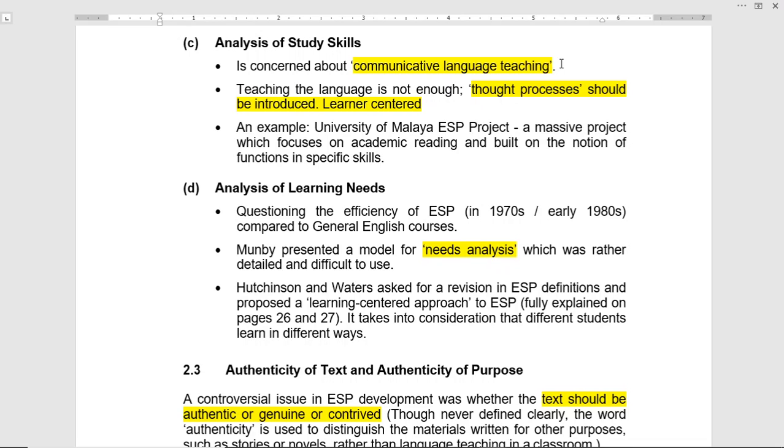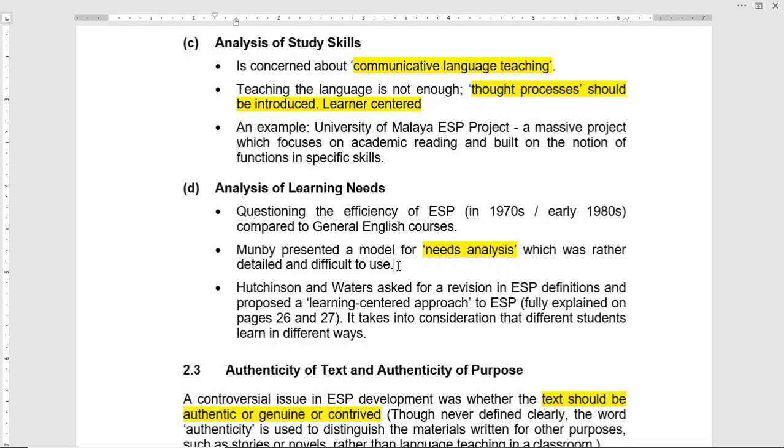Then the other movement in academic English is analysis of learning needs. So there are different models, and you also will have to produce a needs analysis for your students. That is a part of your assignment.